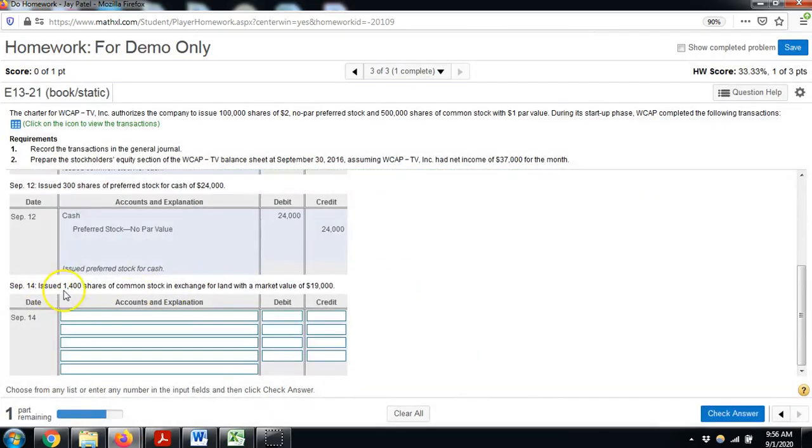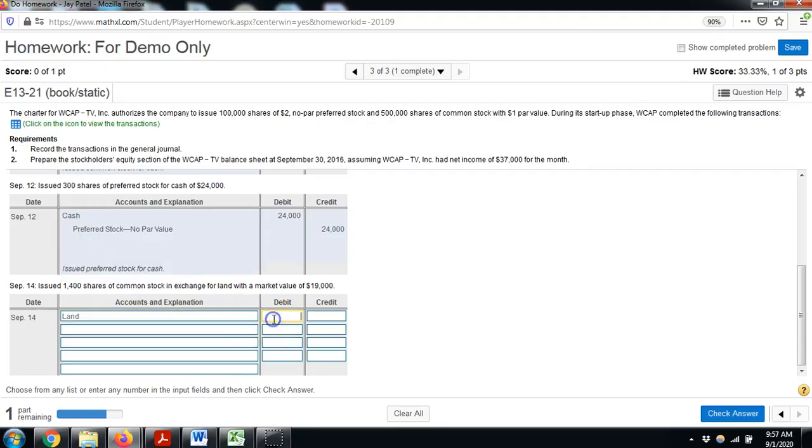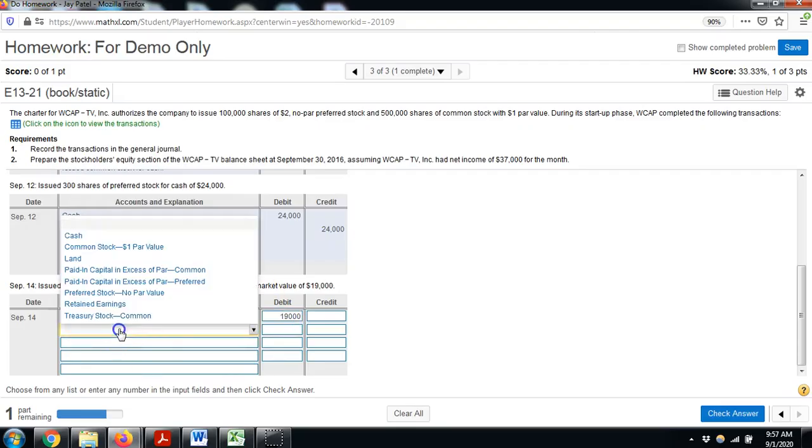Okay, so now we're issuing 1,400 shares of common stock in exchange for land, which has a market value of $19,000. The first thing, straightforward, we're receiving land worth $19,000. And in exchange for that, we're going to be issuing common stock.